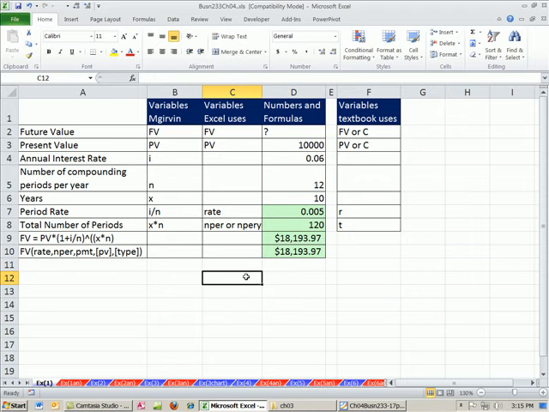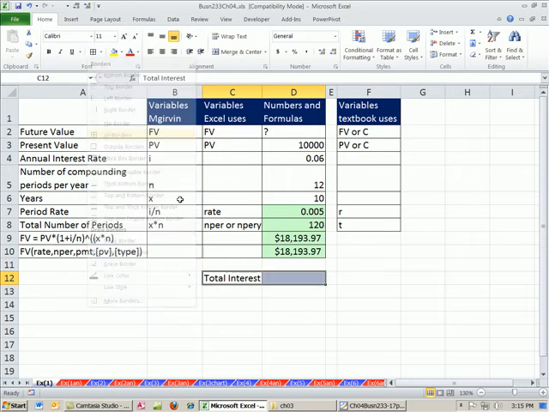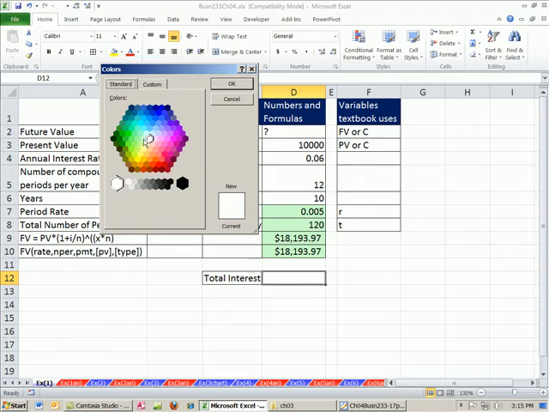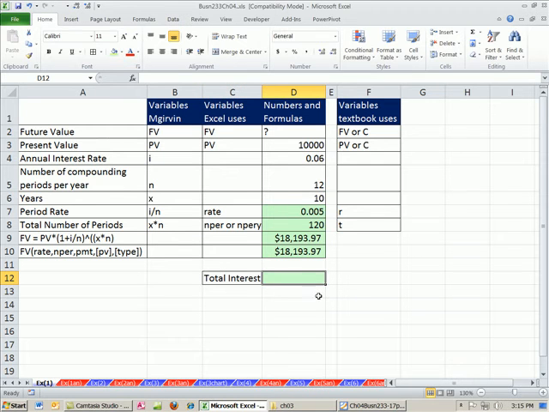Now I want to come over here and type total interest. And what's our calculation for total interest? Simply whatever we got, or n minus begin, as we've done so many times in this class, or whatever the future value is minus the present value. Right?